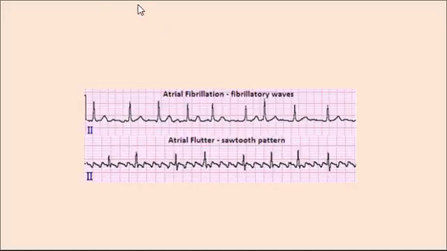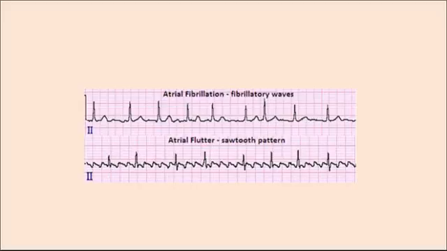What do you need to do? They can become symptomatic because of what is referred to as the atrial kick. When you think of your P wave and your QRS, although the P wave showing your atrial contraction is not very big, it still is some contraction contributing to your cardiac output.